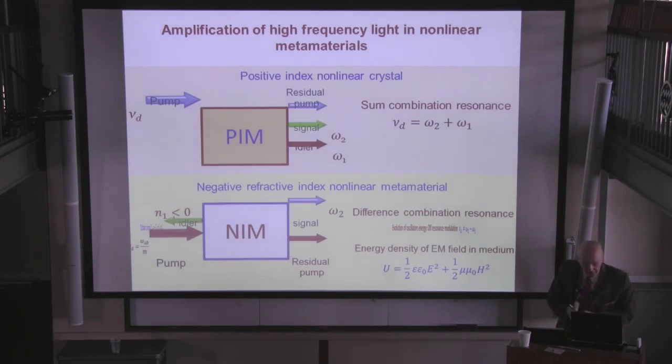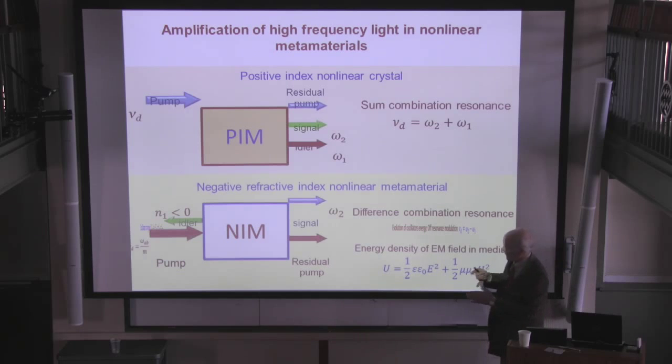And I conclude with 2 remarks. This is the first. We find that this difference frequency physics can be realized in principle in metamaterials. In particular, if I just do ordinary positive index metamaterials, we have nonlinear optics.